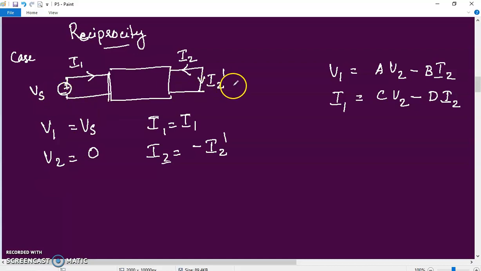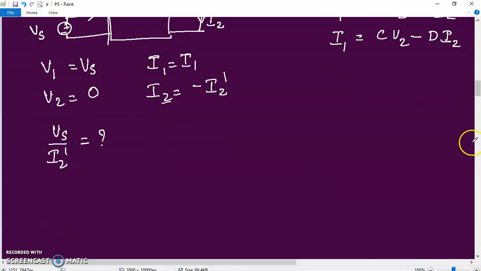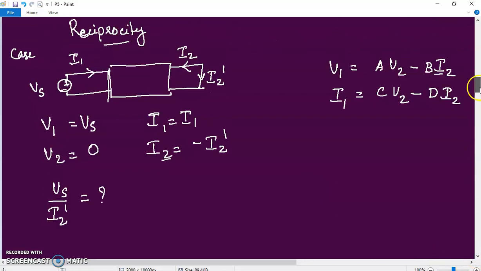We have to find it from this circuit. So let's do that. We have to find Vs by I2 dash. This is our problem. For that, we can put these values in this equation. So V1 is Vs. Vs is equal to A into V2, which is 0, minus B into I2.